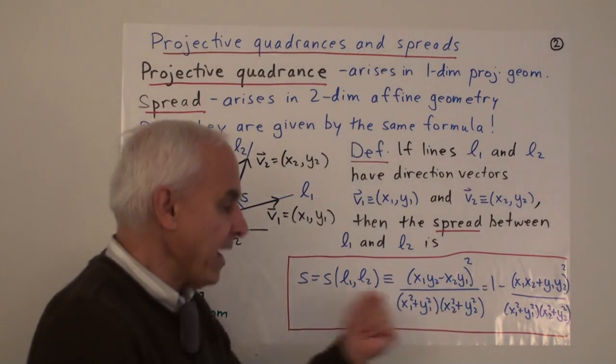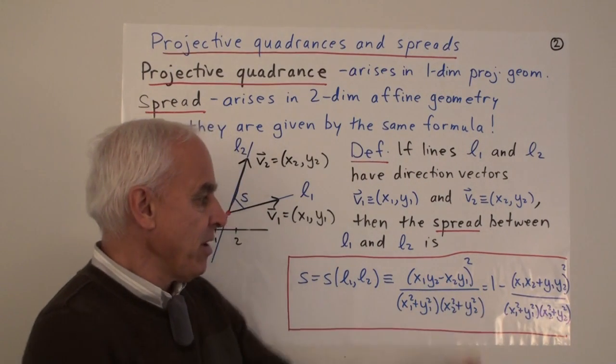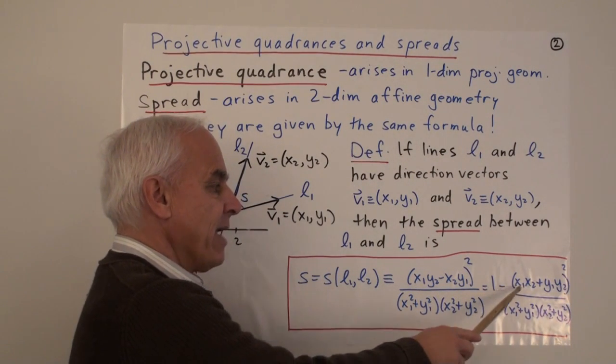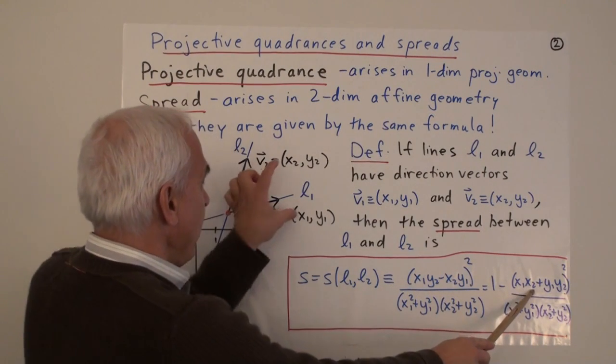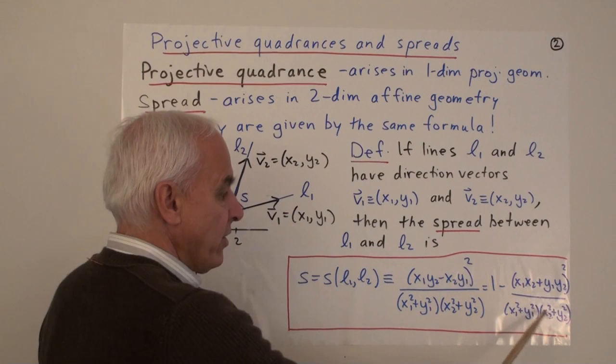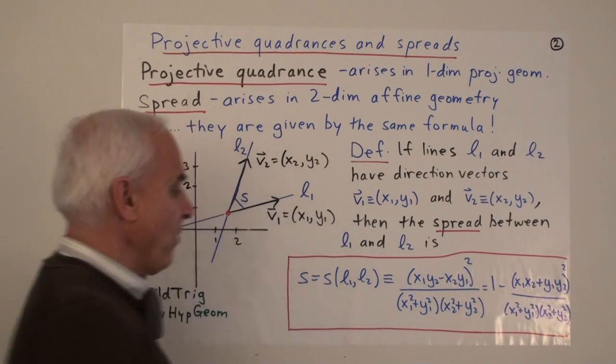And we can rewrite that as a similar kind of expression with a 1 minus and now a dot product squared in the numerator: (x1 x2 plus y1 y2) squared over the same denominator, (x1 squared plus y1 squared) times (x2 squared plus y2 squared).